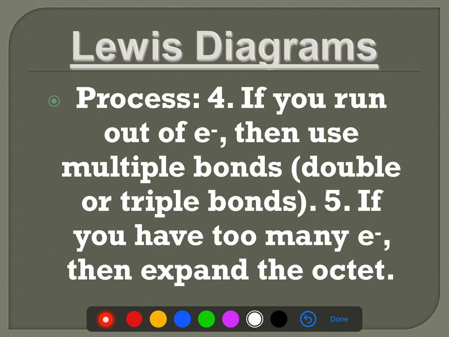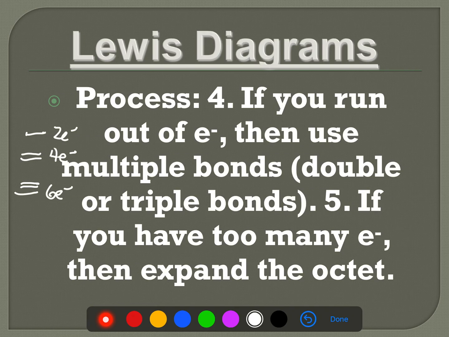Two problems that you can run into. If you don't have enough electrons to complete the octets, then you can go back and make what's called a double bond or a triple bond. Now, a single bond involves 2 electrons. A double bond we write with 2 lines, and that involves 4 electrons. And a triple bond between atoms would involve 6 electrons. There is no such thing as a quadruple bond.